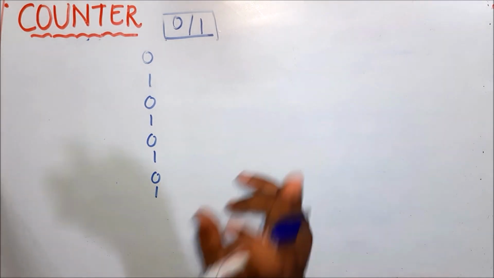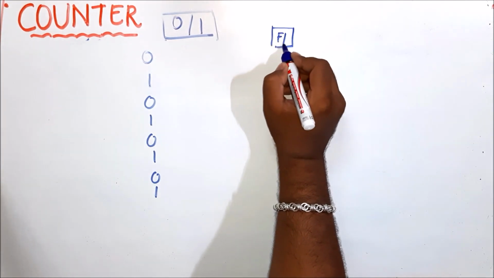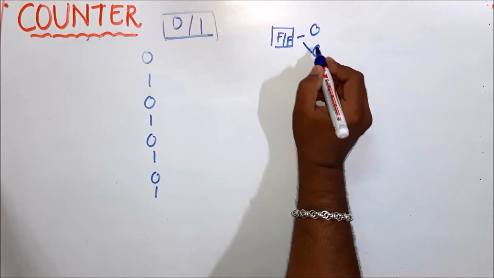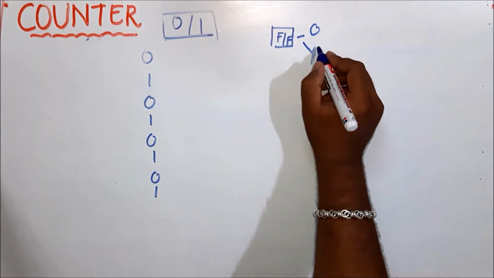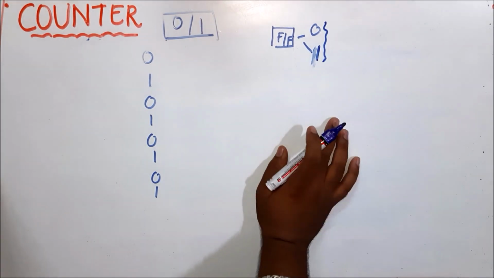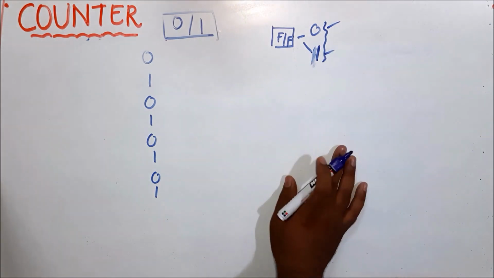If you take only a single flip-flop, we can count either 0 or 1. That means using one flip-flop we can have only two counts.